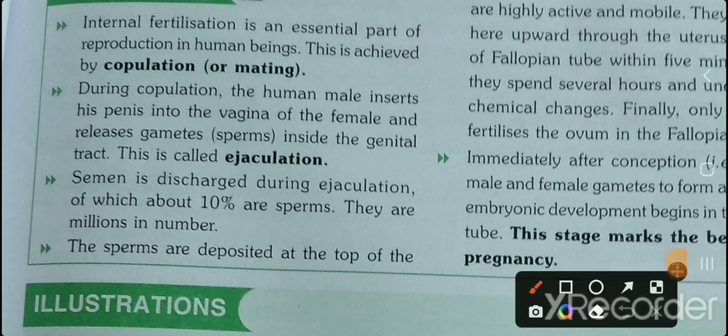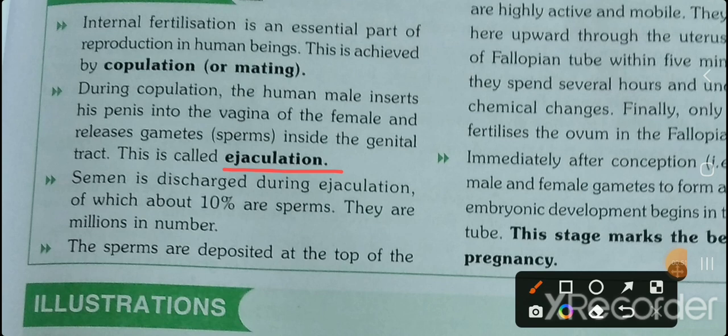Ejaculation is when the male reproductive organ, which produces the sperm along with the seminal vesicle fluid, which we call semen, ejects it out of the male reproductive genital tract. That is the release of sperms inside the genital tract of the female. That is called ejaculation.